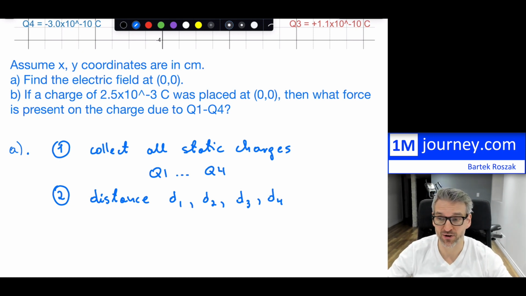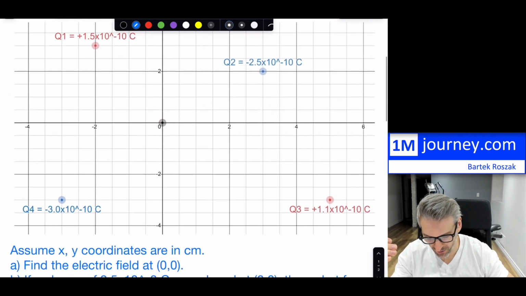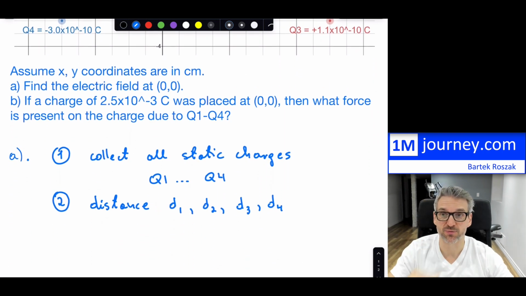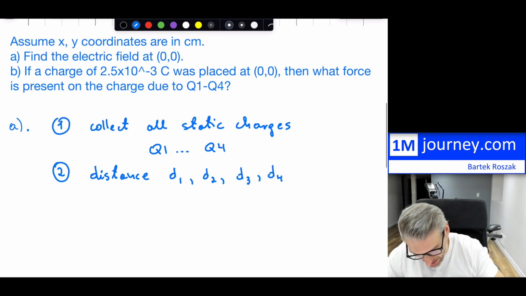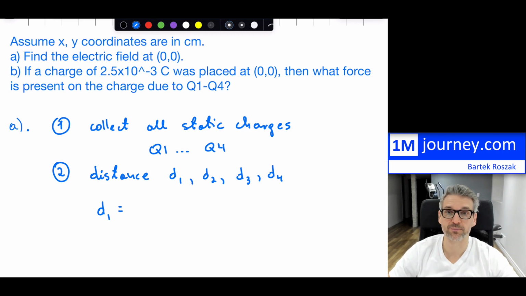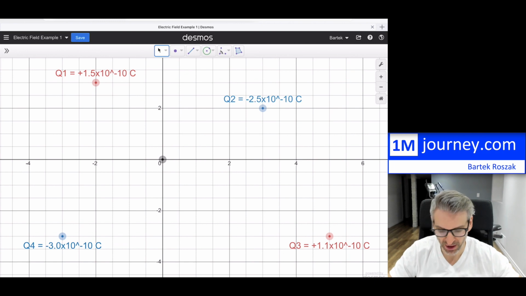It doesn't really matter. Since the static charges are already listed, I'm not going to relist them here. But I do want to find all of these distances. So first I want to find distance number 1. I'm going to go back in here because I have it prepared in decimals.